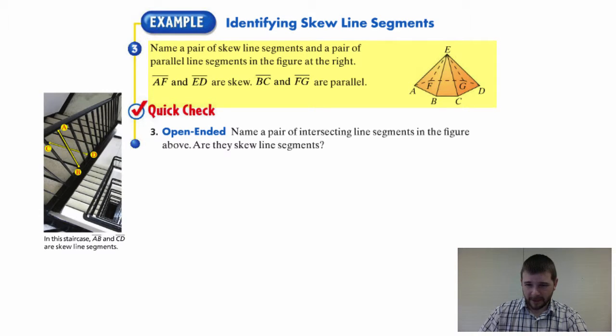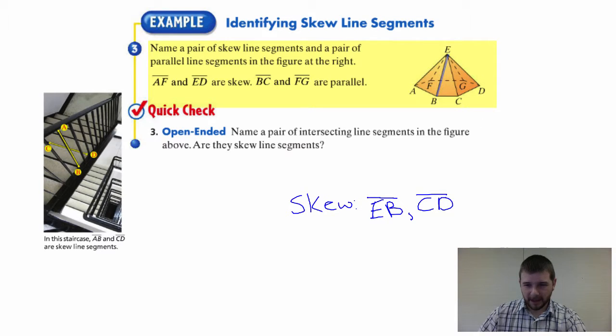Well, how about line segment EB and, I have a lot to choose from here, EB and line segment CD is a good one I notice. Notice EB and CD are not intersecting, and yet they're also not parallel. Those two lie in different planes, therefore they're skew line segments.